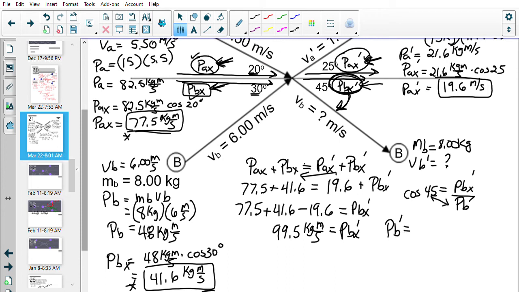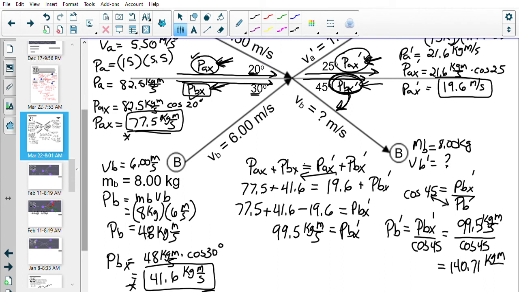So PB prime is PBX prime divided by cos 45, which means the 99.5 kilogram meters per second must be divided by cos 45. And when we divide that by cos 45, we get ourselves 140.71 kilogram meter per second.